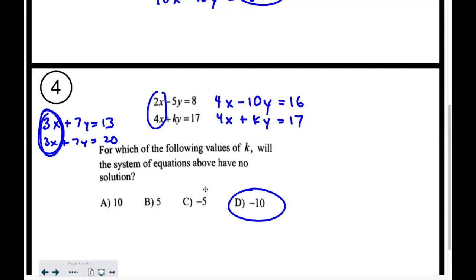But that is also a fine way to do it. That's what I talked about last week. So when you have these no solution problems, if you're going to do it this way, you're trying to make it so that the x's and y's have the same coefficients and the constant over here is just different.